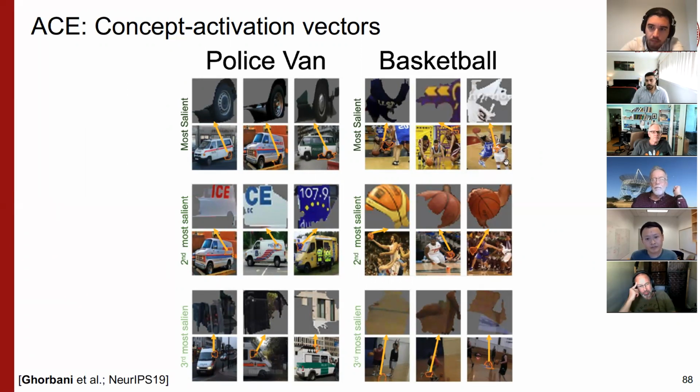It can actually help us find some pathologies with the model too. When we looked at the class basketball in ImageNet, we see that the ball itself is the second most salient concept. The first most salient concept is actually the player's jersey, which, if you think about that data set, makes sense because all of the basketball images have basketball players in them too. And there's no way for the model to figure out which is the ball.